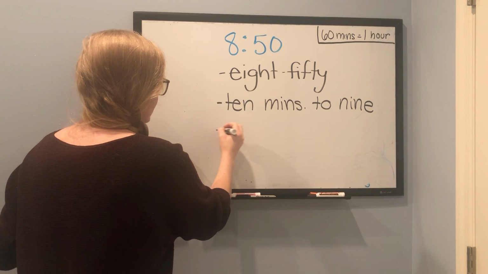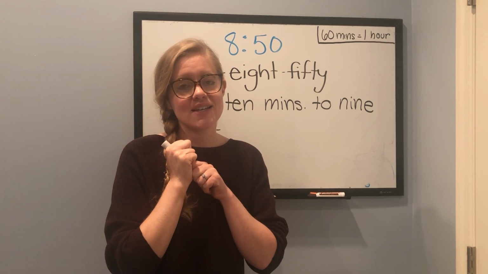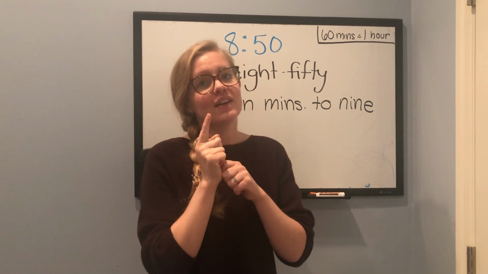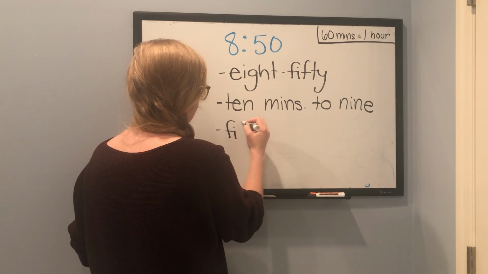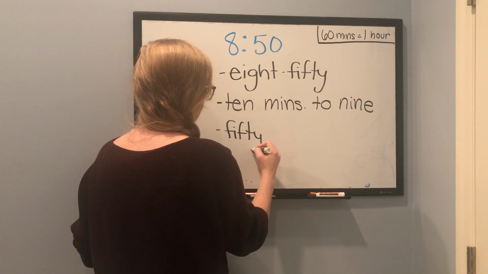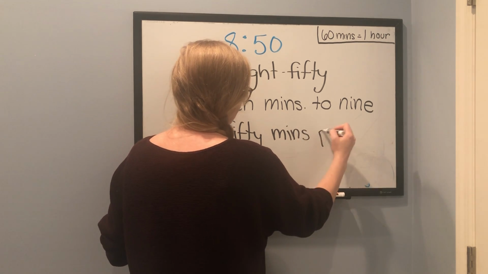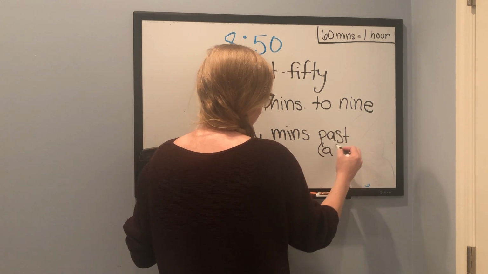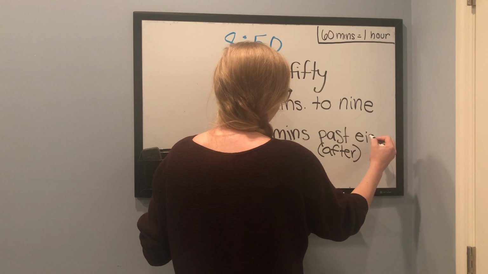The third way makes you sound a little bit silly if you say it, so I wouldn't recommend saying it this way, but here's the third way. You would say 50 minutes past or 50 minutes after 8.